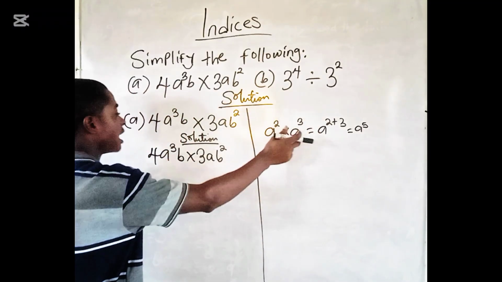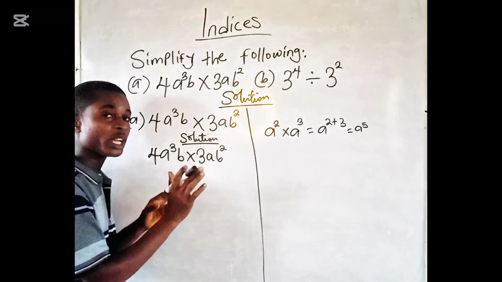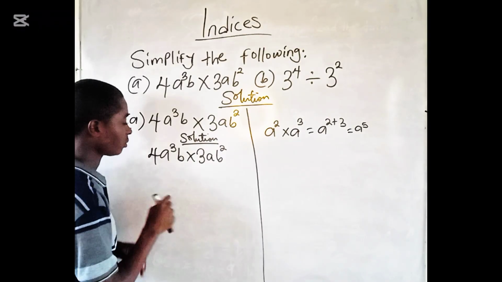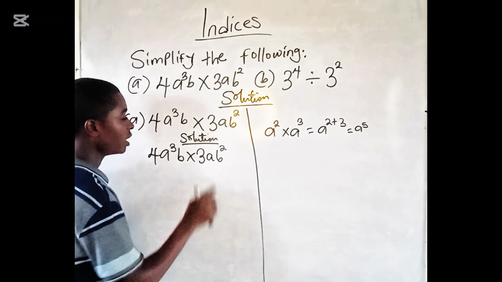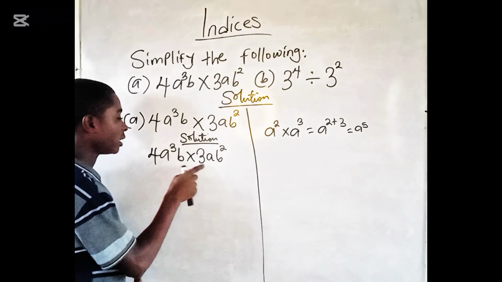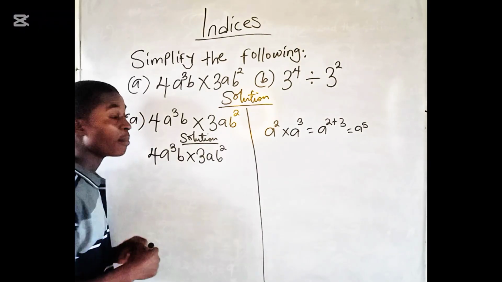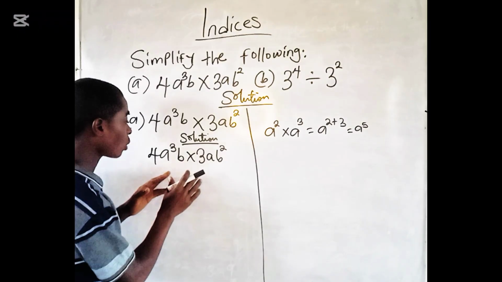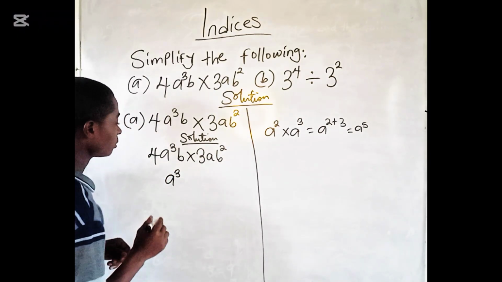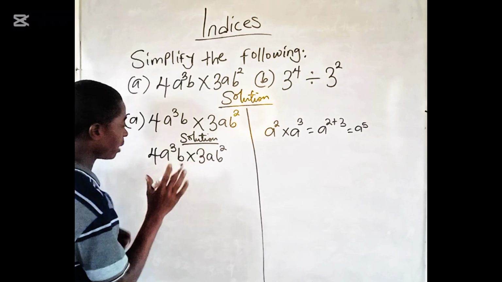Now we are going to use this idea to come here. But in this way, observe something with me. We have a here, we have a here, we have b here, we have b. So the common base here is what? A and b. 4 and 3 are different numbers, but they are multiplying. So first of all, let's work with the numbers and everything.